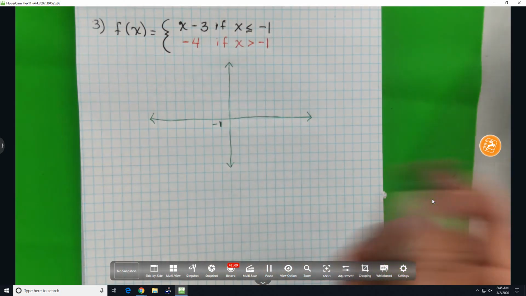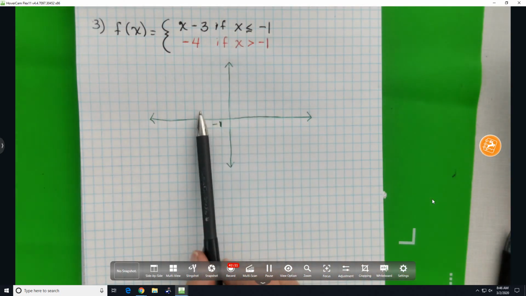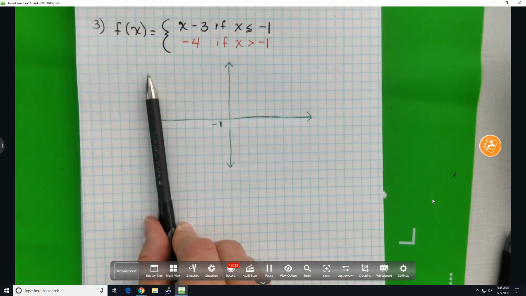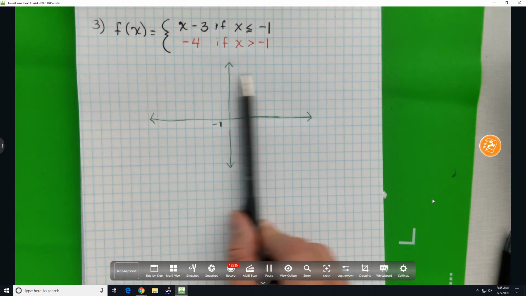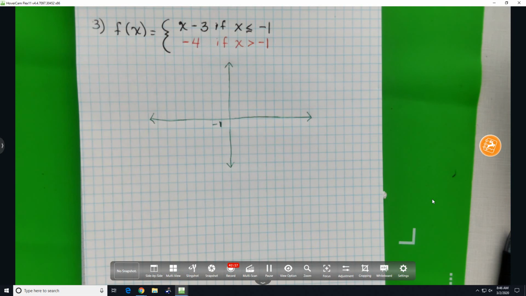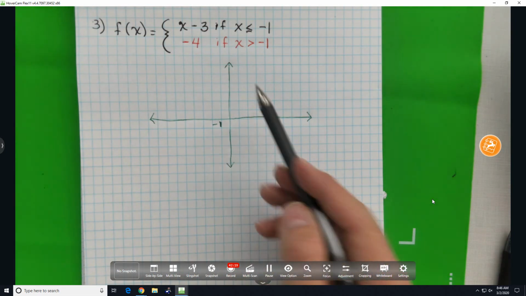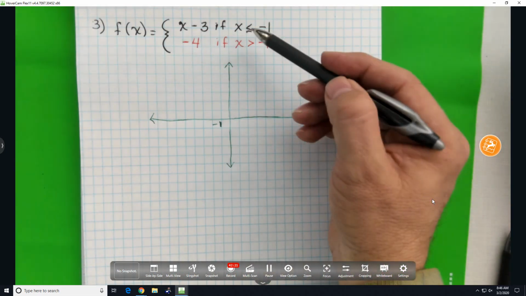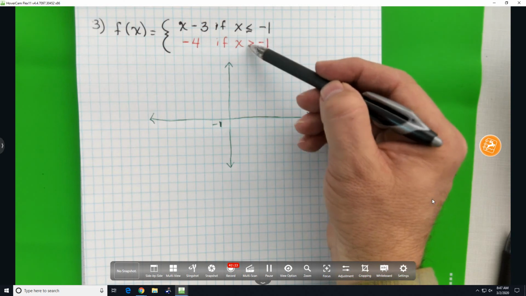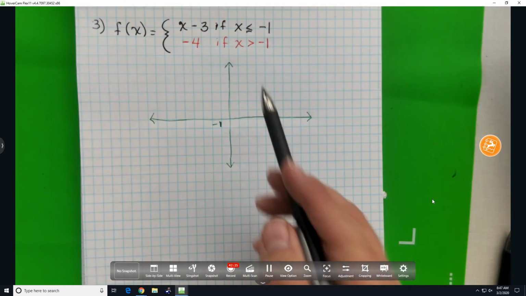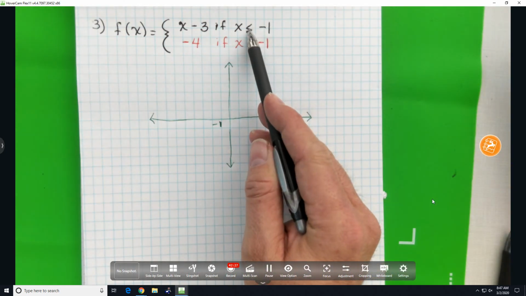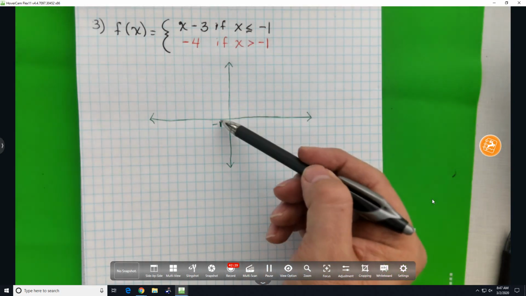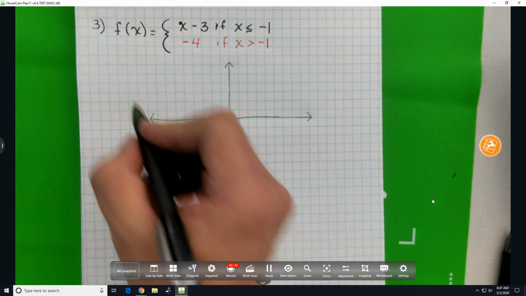Let's not worry about the equal right now, just less than negative 1. Would that be to the left of negative 1 or to the right of negative 1? Which way is to the left? If you look at this symbol, it sort of points in the direction, right? You're going to have the black graph to the left of negative 1.